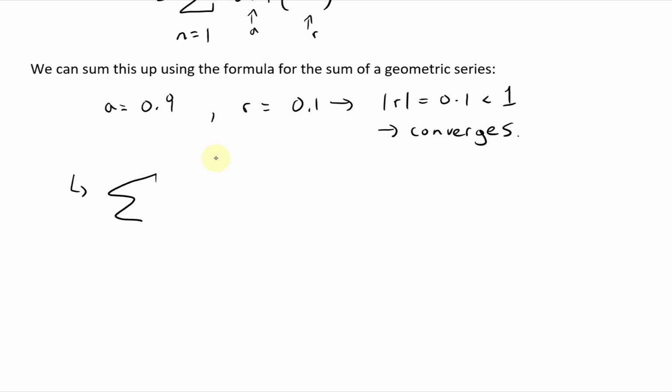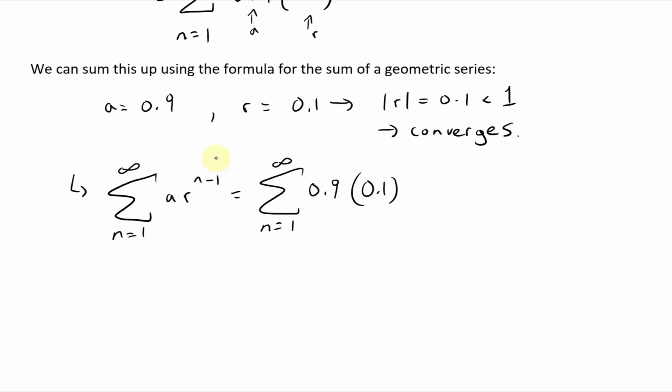The summation of the geometric series from n equals 1 of a r to the power of n minus 1, in our case 0.9 times 0.1 to the power of n minus 1, equals a over 1 minus r, which is 0.9 divided by 1 minus 0.1.